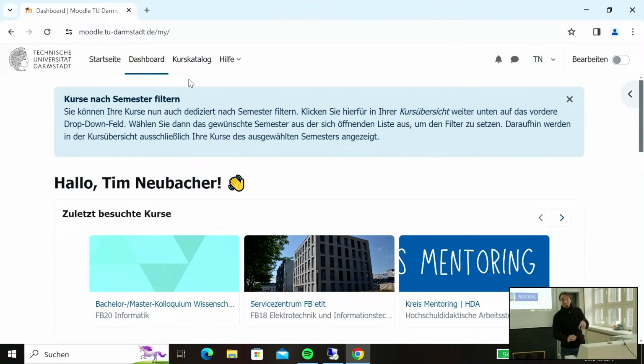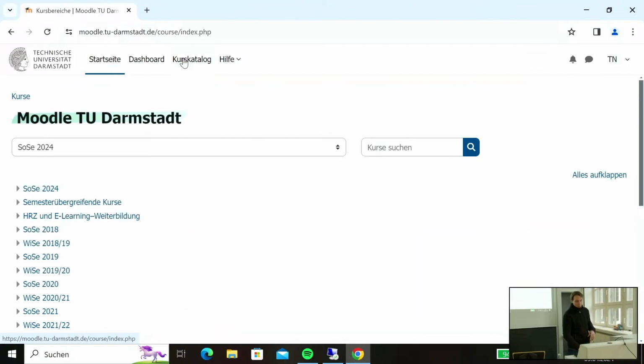All right, so usually you're starting at a dashboard page, an overview of your last visited courses, some information whatsoever. In all of the Moodle systems you have some section like a course catalog or an overview of the semesters, usually sorted by electives or mandatory courses or whatsoever.